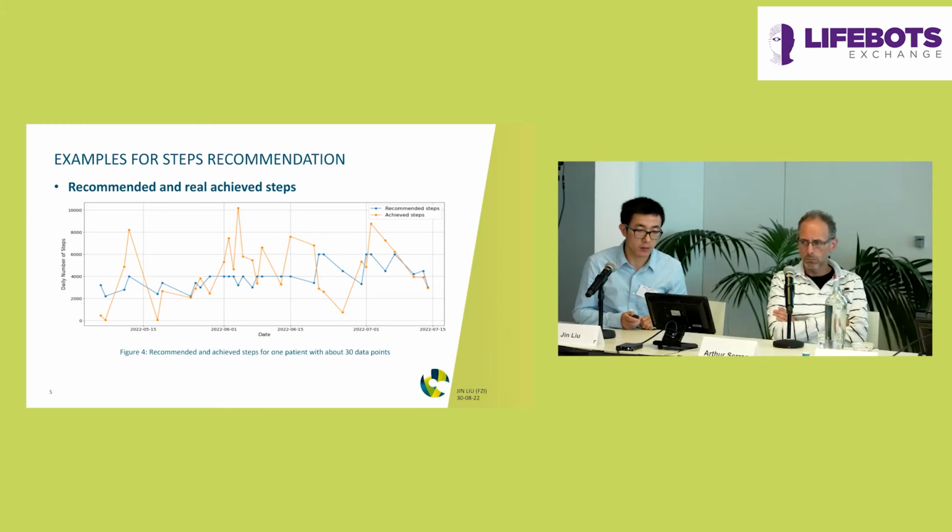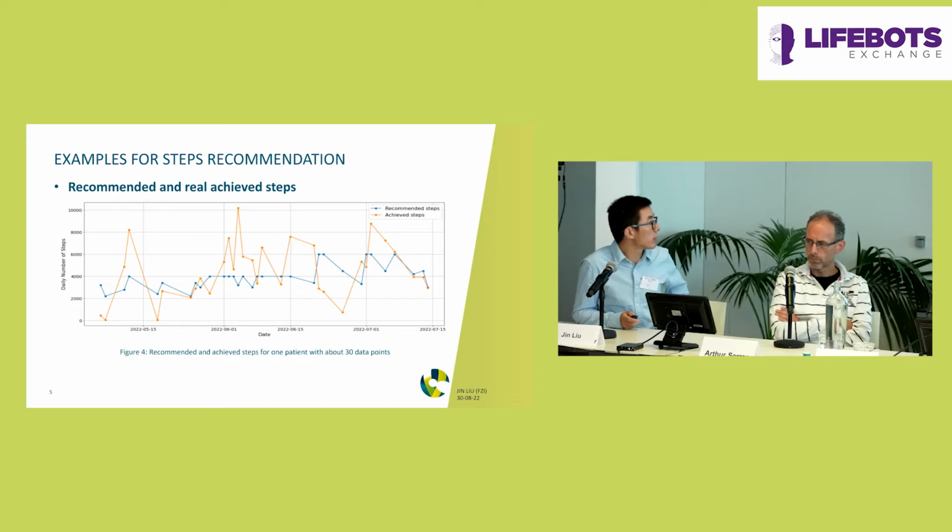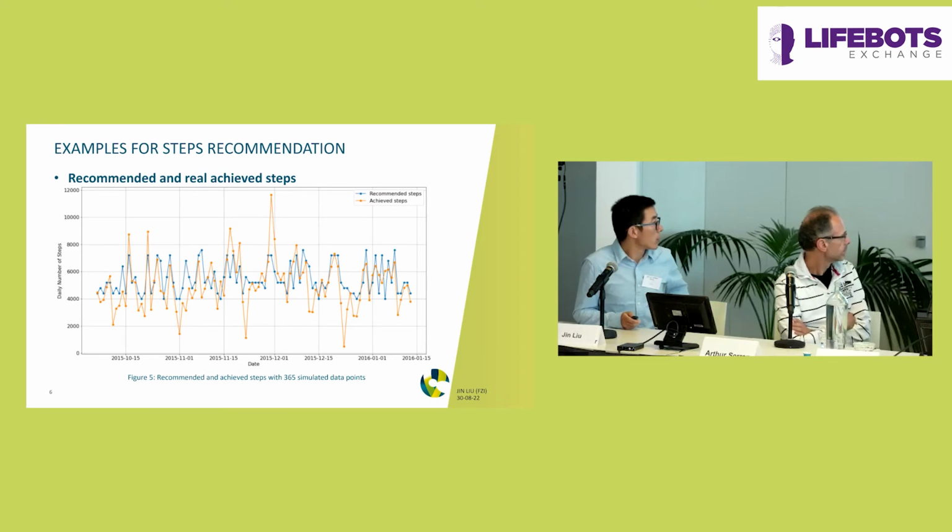The blue one is the recommended steps and the orange one is the achieved steps. But I don't think you can see much of how well the recommender system has worked, because we have only 30 data points, which is quite few. So we have done another simulation with about 1 year of data from a real person, using our recommender system.